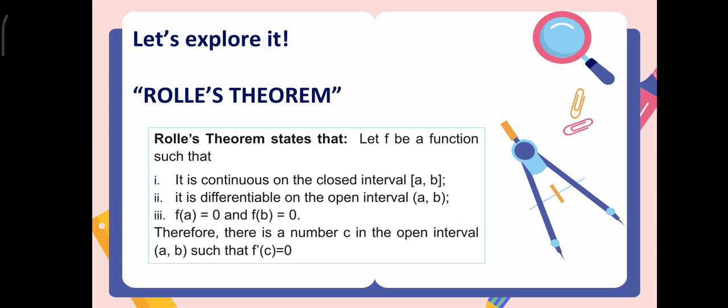So he was the one to prove that if f is a function continuous on a closed interval [a, b], and differentiable on the open interval (a, b), and if f(a) is equal to 0 and f(b) is equal to 0, then there is at least one number c between a and b for which f'(c) is equal to 0.